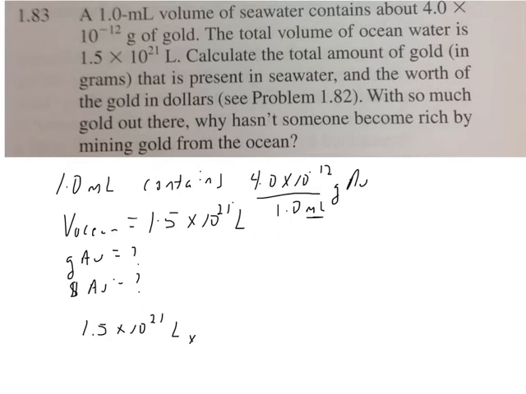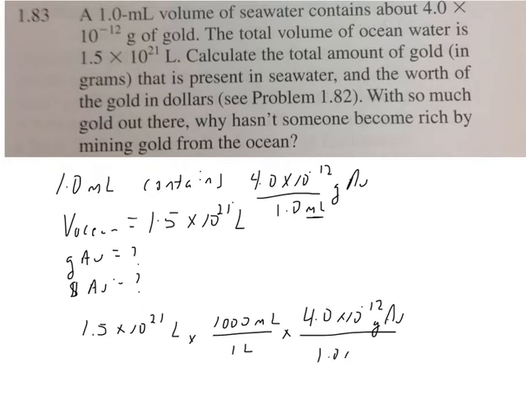So 1,000 milliliters is 1 liter times my concentration here, 4.0 times 10 to the minus 12 grams of gold for every 1.0 milliliters. And when I do this, I end up with 6.0 times 10 to the 12th grams of gold. That is a lot of gold. And I mean a lot of gold.